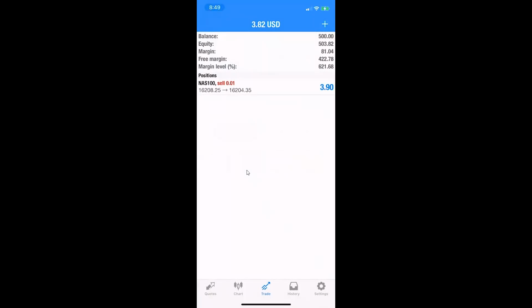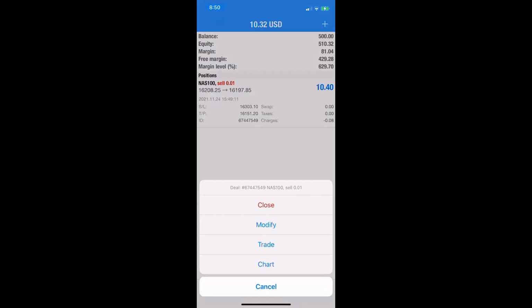It looks like it's pushing down. Yeah, it's really pushing. Got my first take profit, so that's good. Yeah, it's dropping.